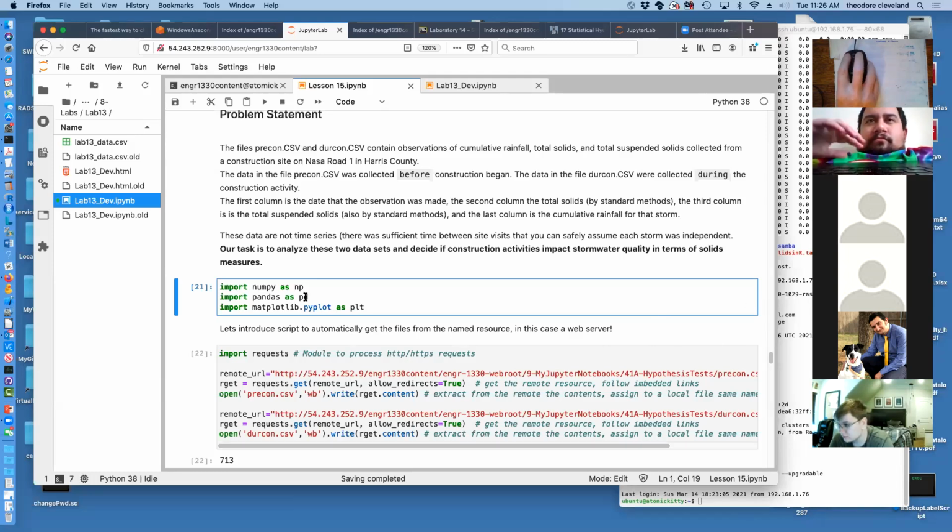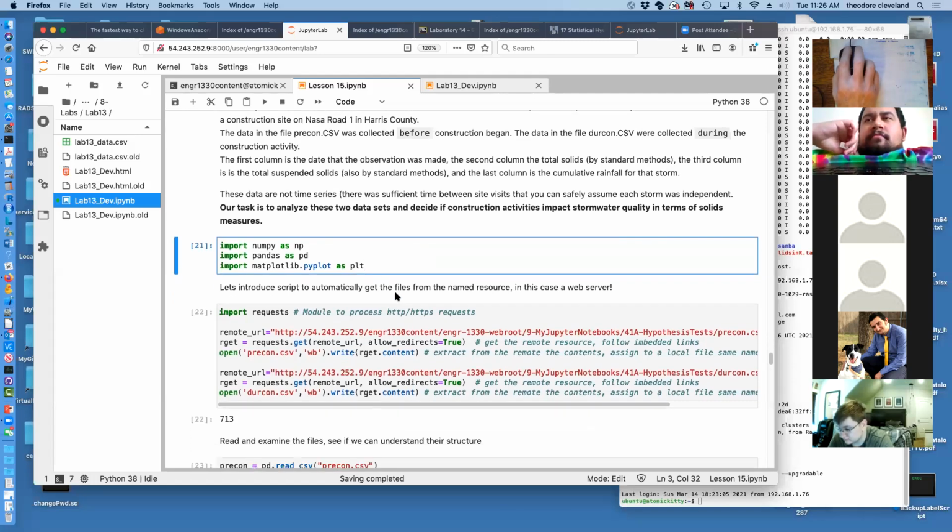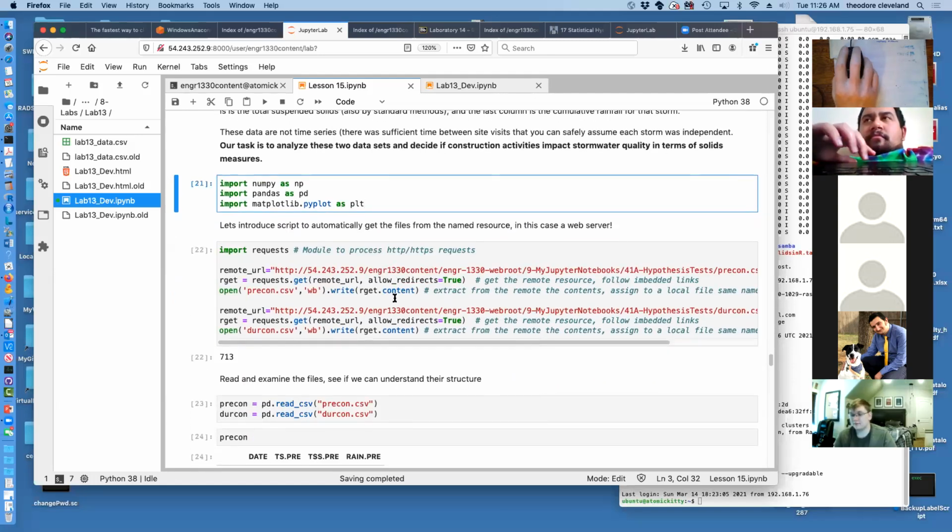Thank you, Travis. What's pandas? Pandas is a library for dealing with tabular data. Good. Matplotlib. Imports, plots. Cool. Okay, excellent. Very good. So you're all still here.